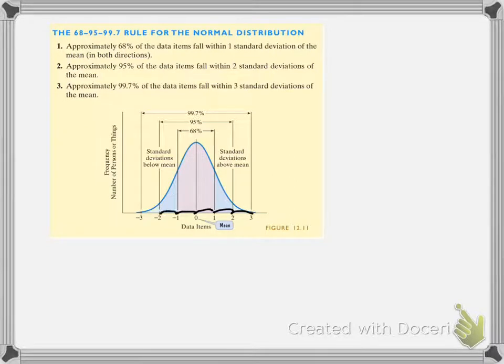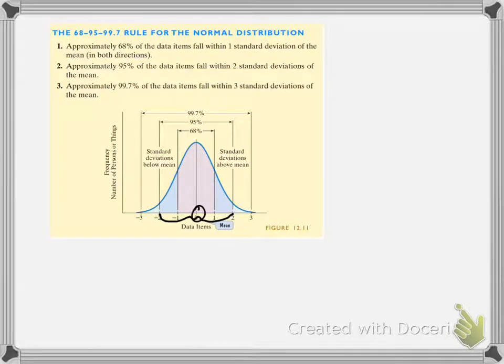Basically the way the normal distribution works is that 95% of the data items, this is number 2 here, fall within 2 standard deviations of the mean. So what that means is that 95% of the people or objects fall within 2 standard deviations of the mean. The average is right here, okay?